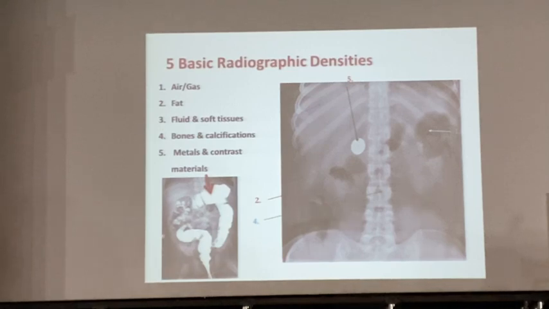And then you have bones and calcification. Finally, you have metals and contrast media. Contrast media material is injected intravenously or intraarterially, or it is ingested in case of a contrast study, or instilled into the uterine cavity or into the bowel.